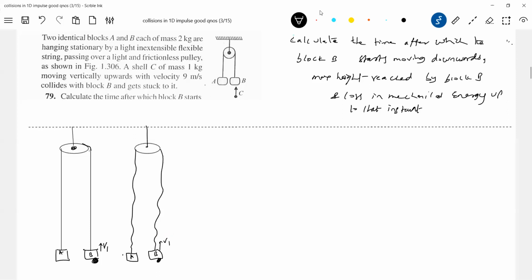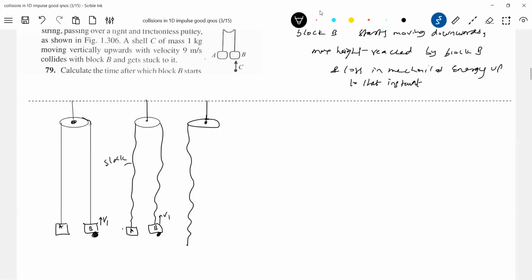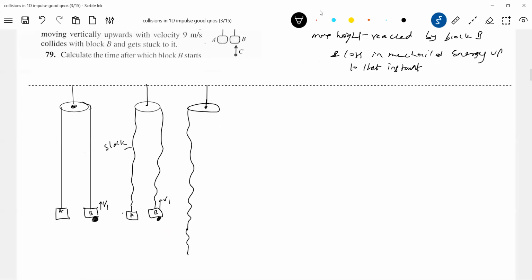Earlier it was taut, now slack, you better write slack. Then what is the type of motion? A will have free fall motion. And what about B? B will be vertically projected and along this motion will occur. It will have free fall, and this will be vertically projected.